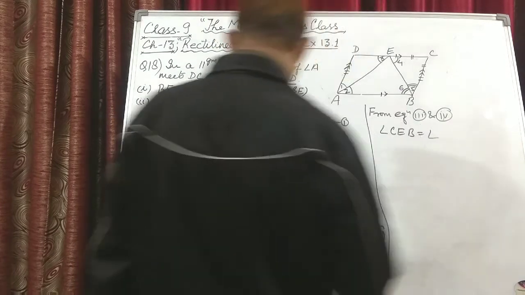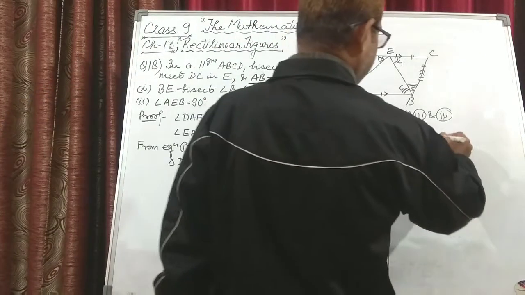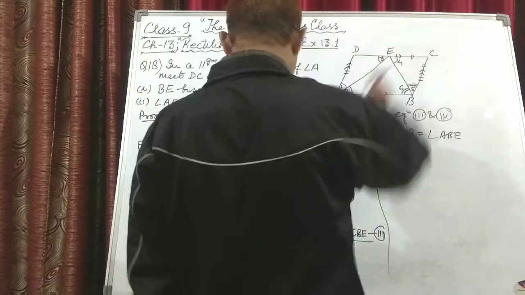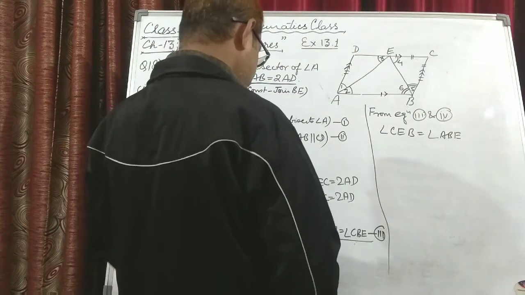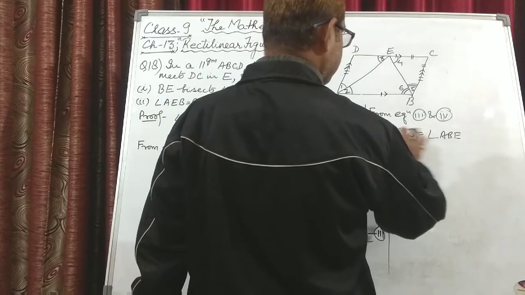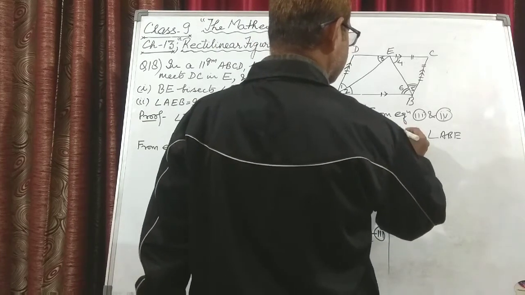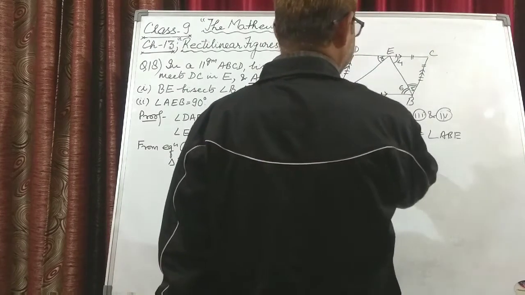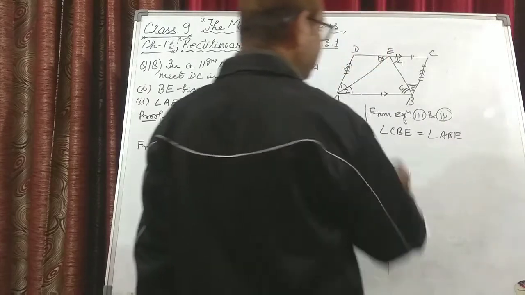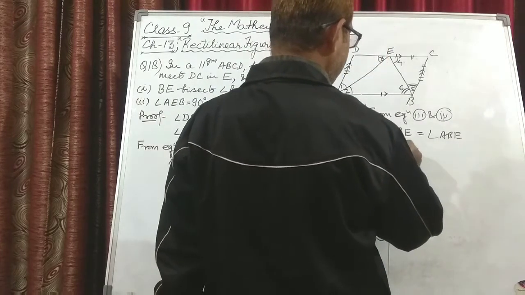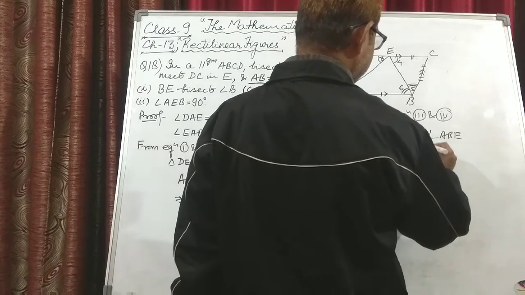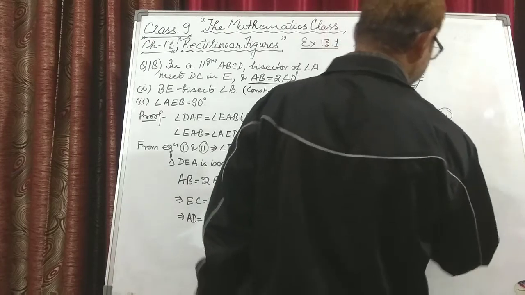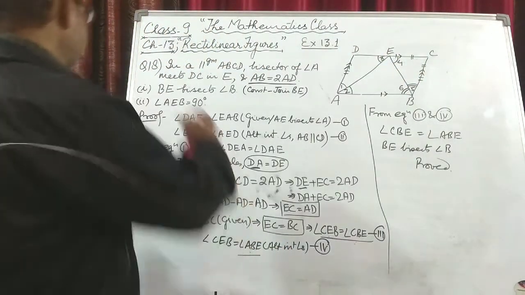CEB is equal to angle ABE. Now CEB and CBE and ABE are equal. It means that BE bisects angle B. That is your proof. This is proved. Now the first part is proved.